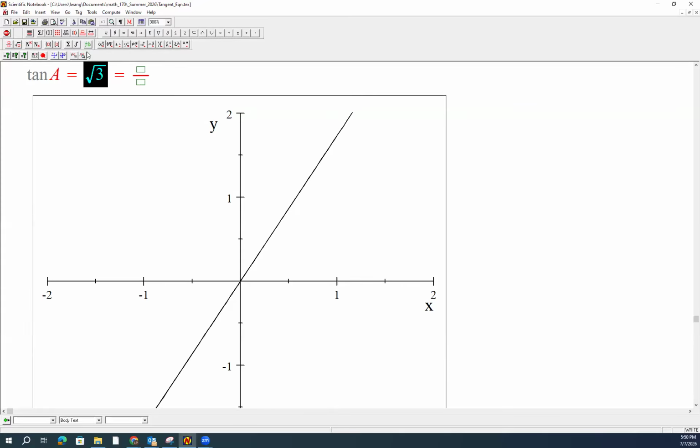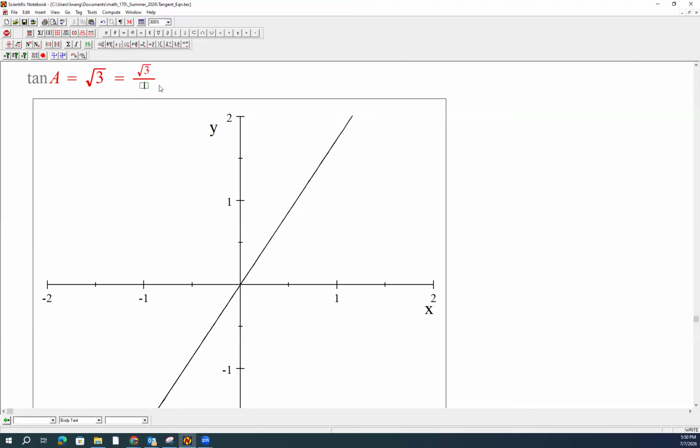It could be root 3 over 1, and it could also be -root 3 over -1. That would result in the same tangent value, right? So this is where we got the tangent, and then we identify the terminal.